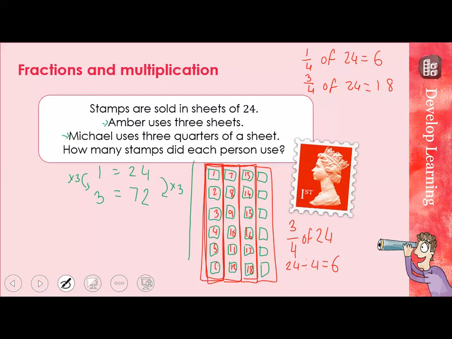And then I multiply that by the numerator. For example, if I was being asked to find 2/5 of 15, I take 15 divided by 5. So I did a whole number divided by the denominator, which is 3. And then I multiply 3 by the numerator.